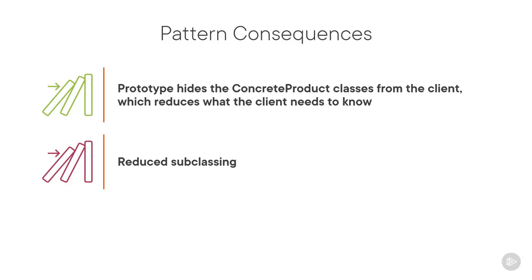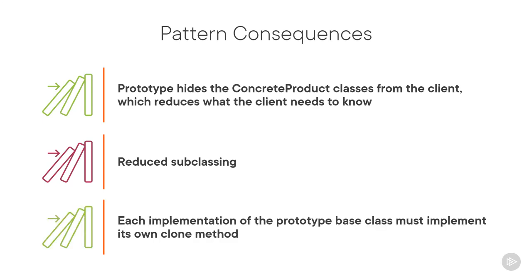Instead of having to create a factory method to make a new object, you can simply clone an existing one. A potential liability is that each implementation of the prototype base class must implement its own Clone method, which might not always be convenient. Let's have a look at the related patterns.